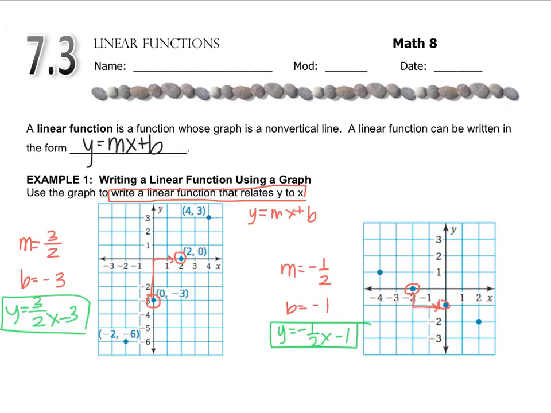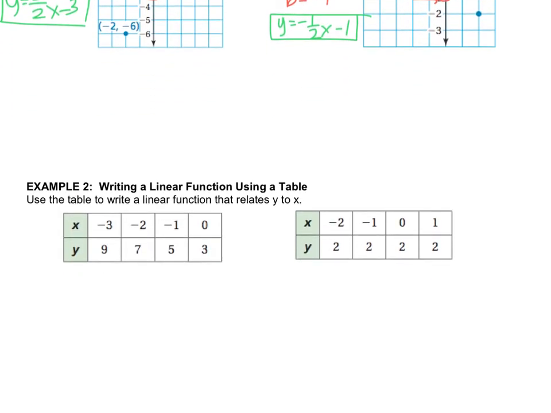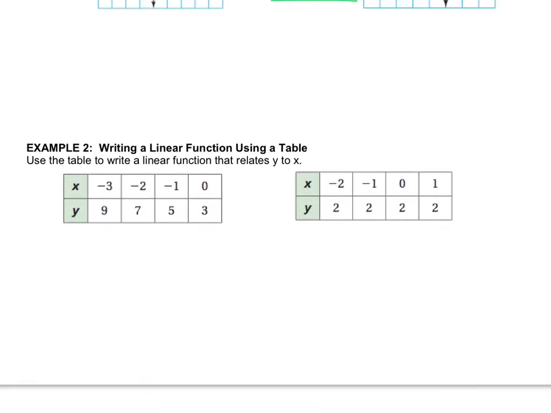All right. Now let's look at these functions in table format. In order to find the slope using the table, I have to remember my slope formula, which is y2 minus y1 over x2 minus x1. So now I'm going to pick any 2 points from the table.